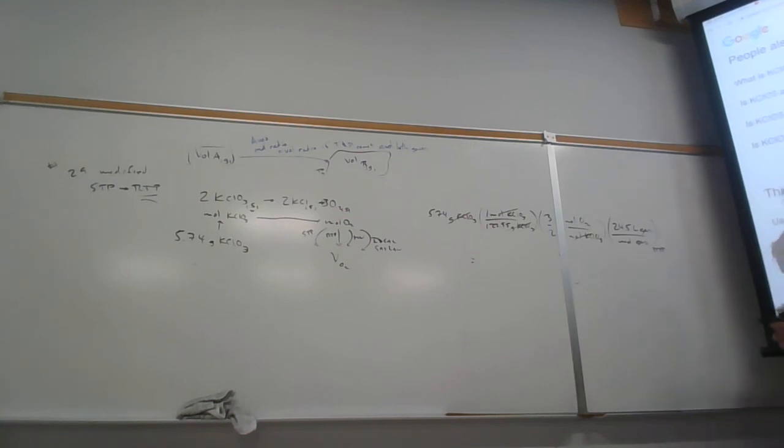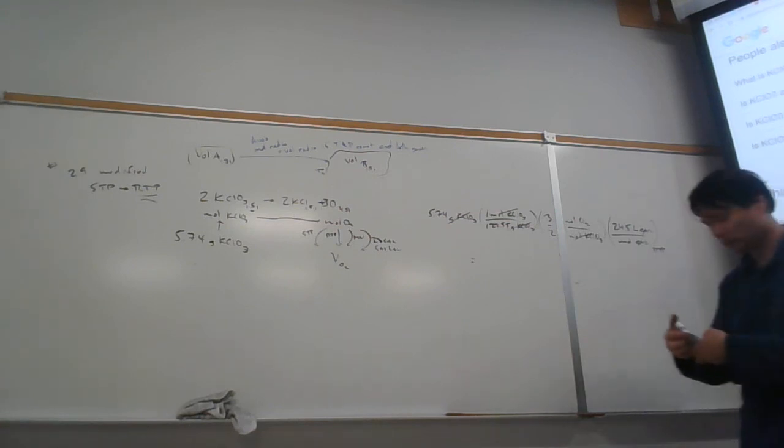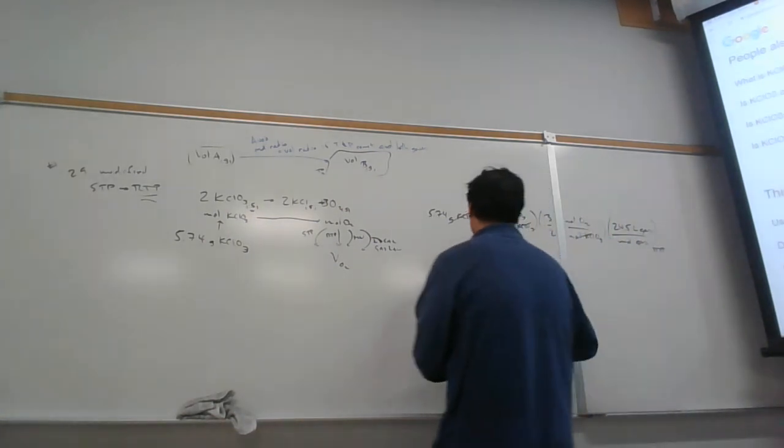And so what does this give us? So we got 5.74 divided by 122.55 times 3 divided by 2 times 24.5, 1.721 liters.